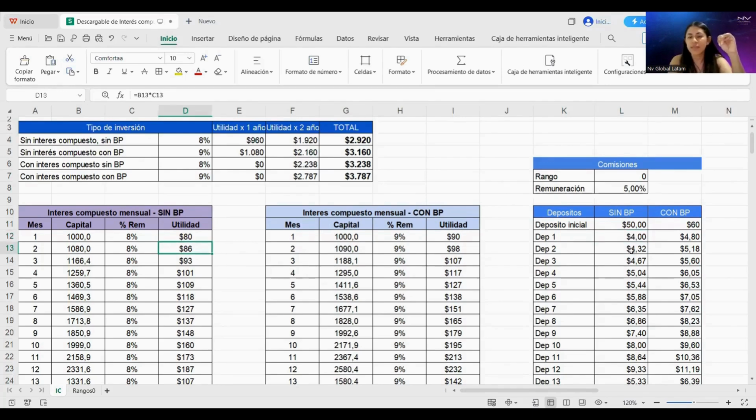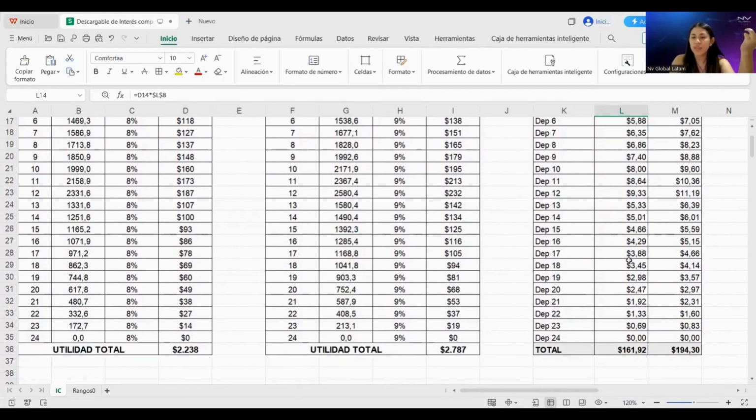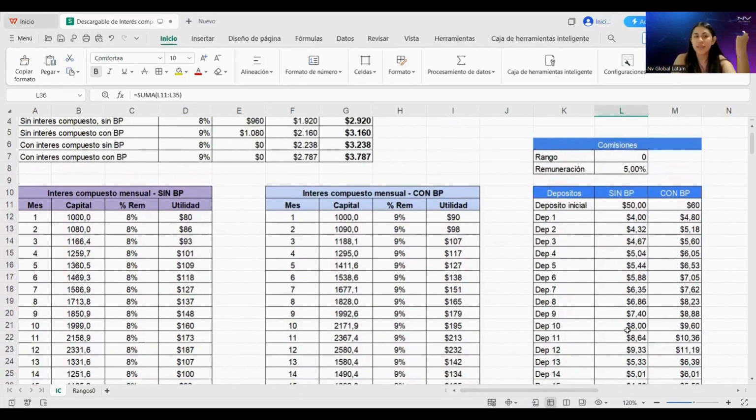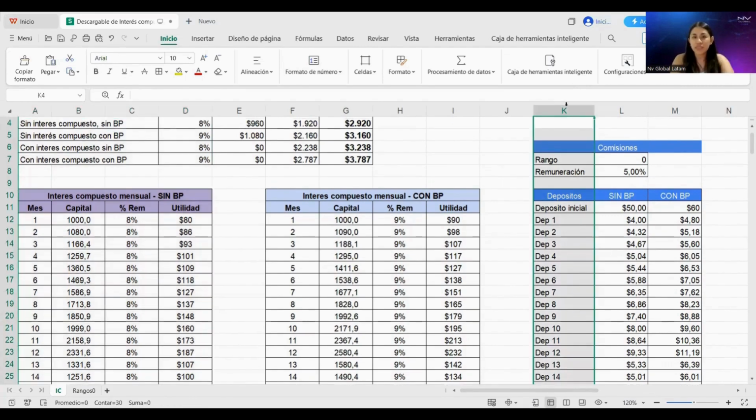It turns out that for every $1,000 that a person encourages within NV Global, a commission of $161 will be generated for each person they encourage to follow the compound interest strategy. In other words, the investor who follows the strategy will earn very well, but so will the person who is motivating them to generate that profit. Their leader will also earn a good commission thanks to the strategy.